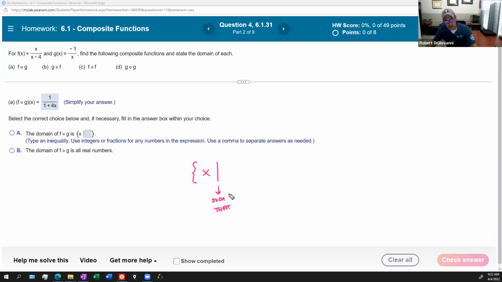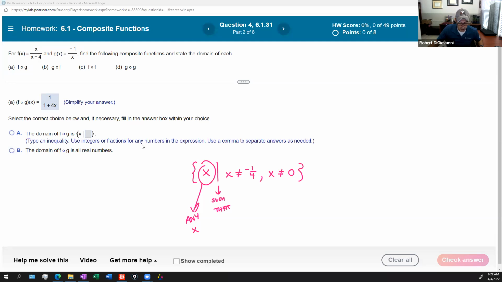So right now I'm telling you your answer can be any x, any value you want. But now I'm going to say such that, and I'm going to give you some restrictions. So I'm going to say here now that x can't be negative 1/4, and x can't be 0. So it's any x you want except that x can't be negative 1/4 and can't be 0.